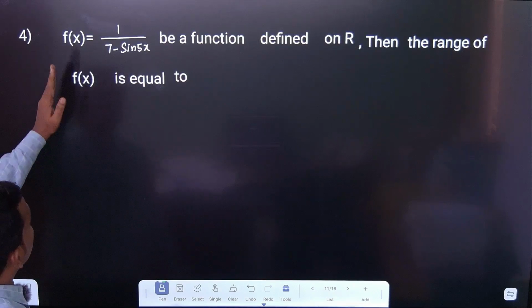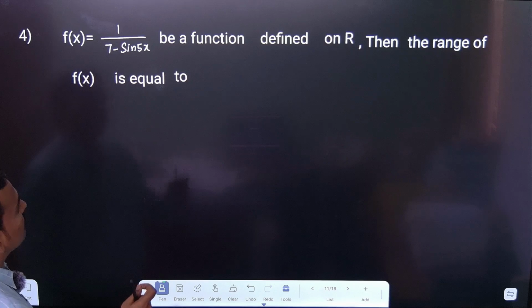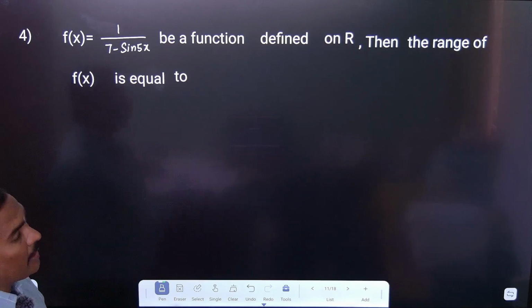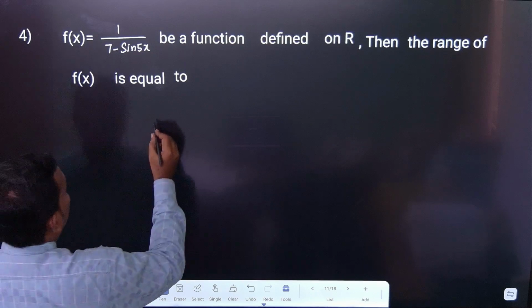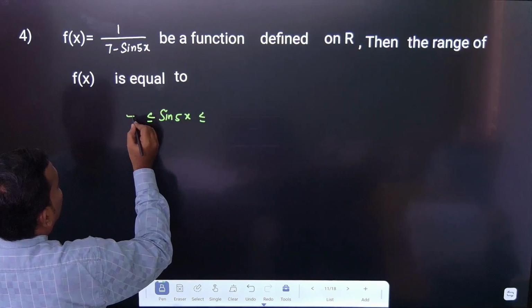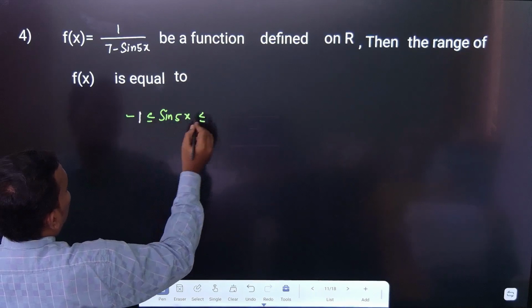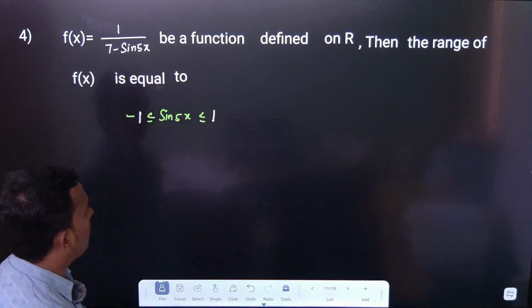So how to solve this question? F of x equal to 1 by 7 minus sine 5x, defined on the real numbers, and the range of the function they're asking. You can see sine 5x is always from minus 1 to 1, right? Sine range is what? Minus 1 to 1 only, no? Okay.